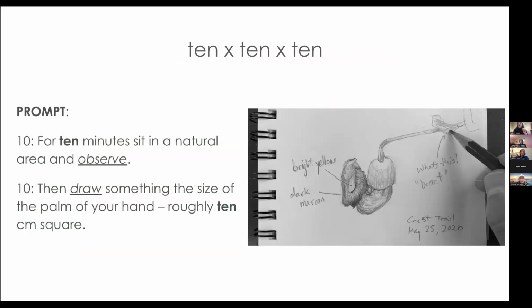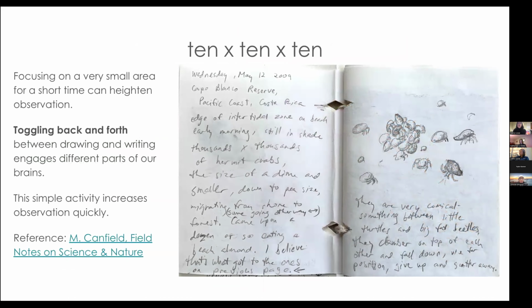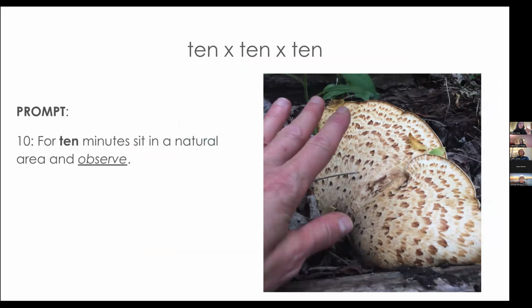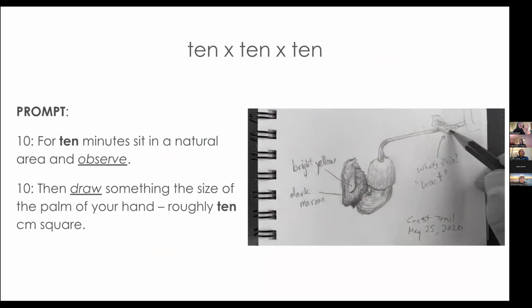Here we go. Okay. So the first thing is 10 minutes sitting in one place and observing 10 centimeters. You're drawing something 10 centimeters, the size of the palm of your hand. So this could be an area on the side of a tree where you're just looking at a little section of bark and seeing what's happening there.